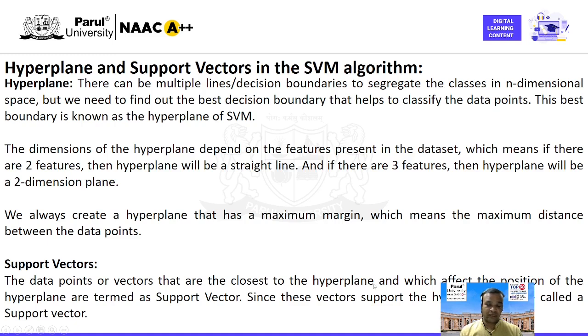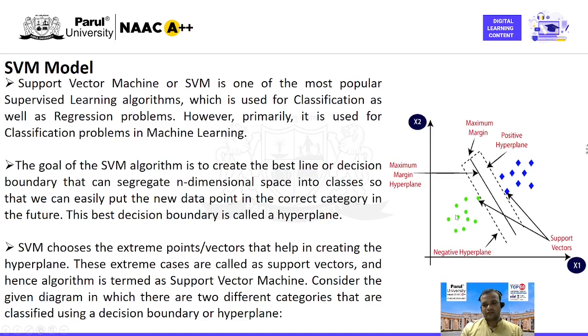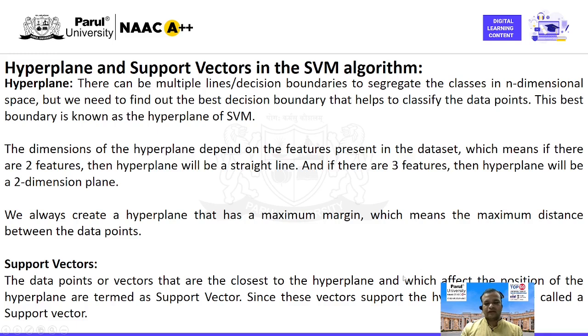These vectors support the hyperplane to classify two classes, or more than two classes. With the help of support vectors, we can make the classes and classify the data points. That's the support vector.